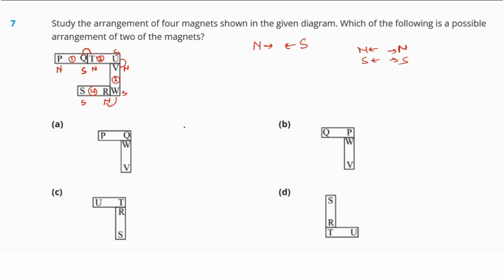Here, P is north, Q is south, W is south, and V is north. This is not possible because two like poles are coming together. In B, Q is south, north, W is south, and V is north. Yes, this is the possible combination because both of them are opposite.